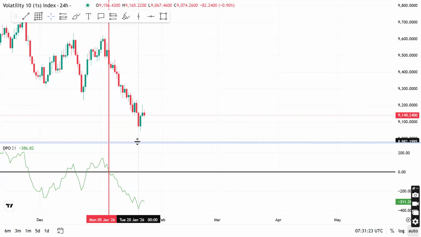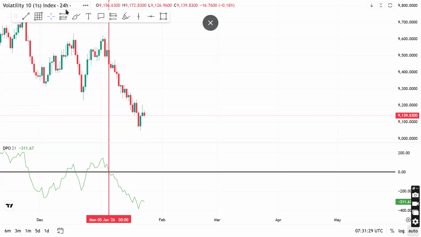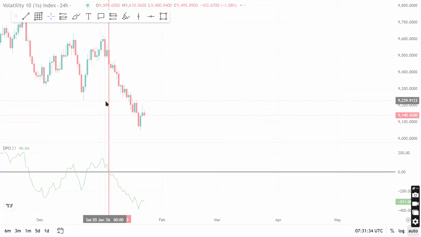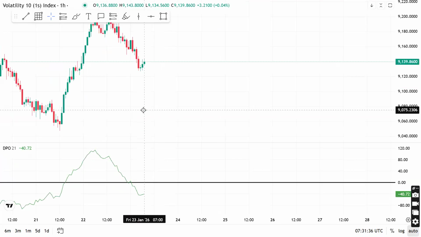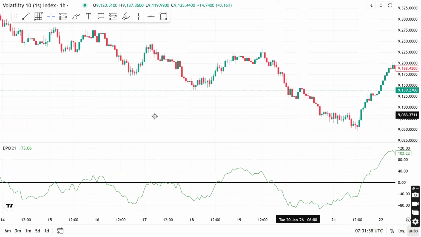Now let's continue, and this is where things start getting interesting. We use 24 hours to do the analysis and we are using 1 hour. Now note, look at how it looks on the 1 hour time frame.